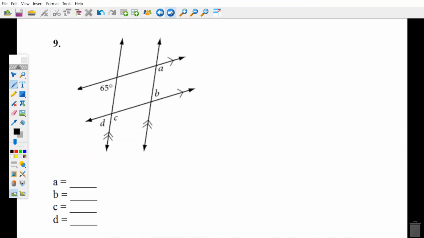For this diagram, we need to find the measure of angles A, B, C, and D. Please pause and try now. All right, the answer is angle D and angle 65 are corresponding. Corresponding angles make the same shape, so D will be 65.